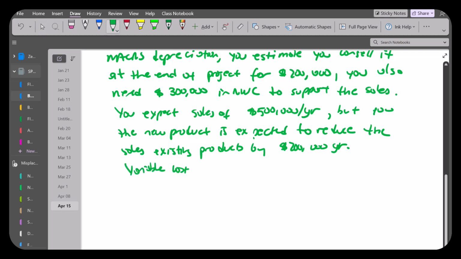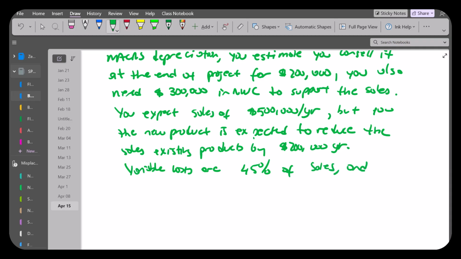Variable costs are 45% of sales, and annual fixed costs are 50,000.